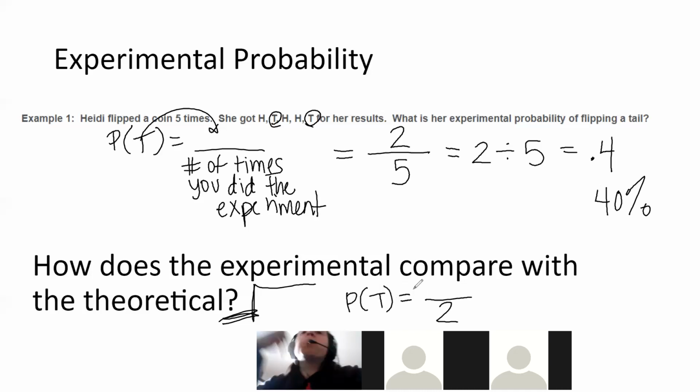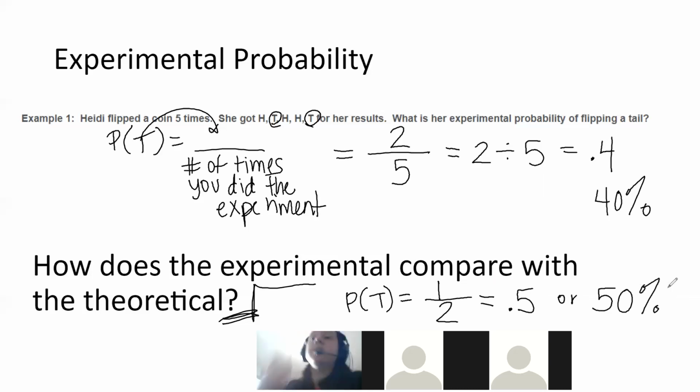So what would my numerator be? 1, that's right. And 1 out of 2 is 0.5 or 50%. So Heidi's experiment didn't quite match. They're pretty close though.